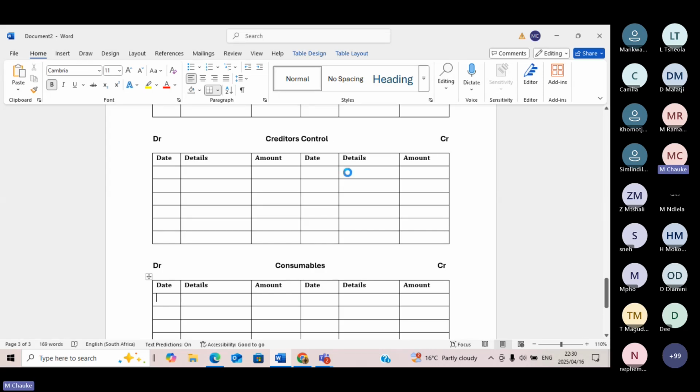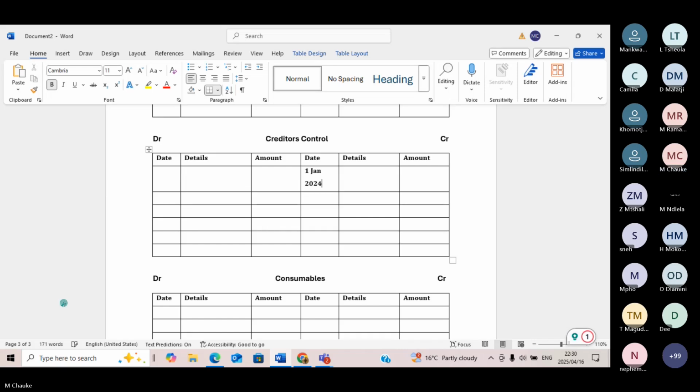So now let's record this transaction. We are going to have a creditors control. Remember, creditors control has got a balance. So it's going to be 1 Jan, and balance brought down, because remember, creditors are liabilities and they increase on the credit side, right?